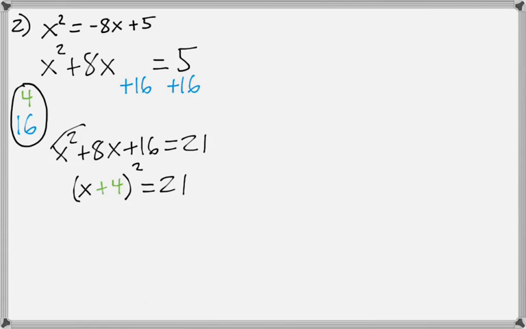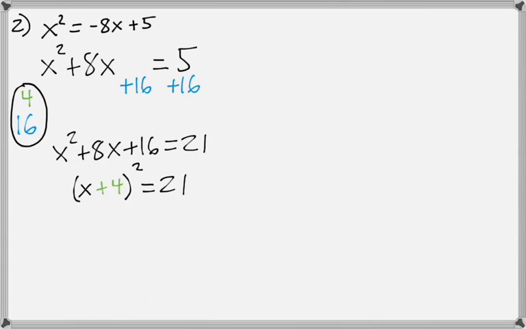And that's because this left-hand side factors as a perfect square trinomial. It factors into x plus 4 times x plus 4, or we write it as x plus 4 squared. But you don't even really need to think about it as factoring. You just need to think about it as x and then whatever this number is, and then squared.